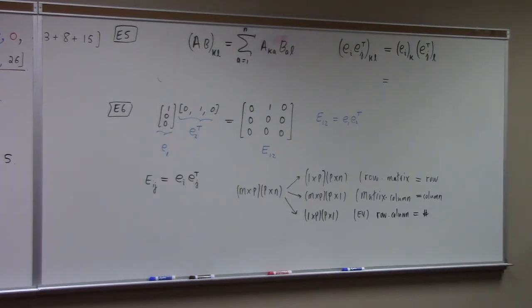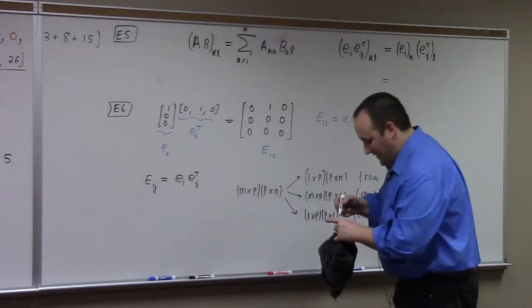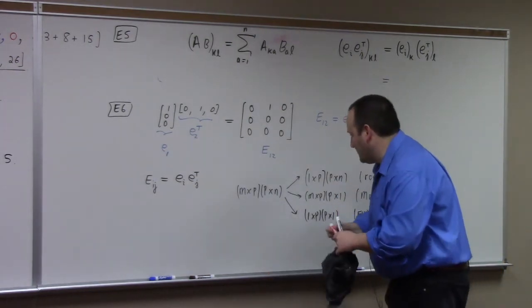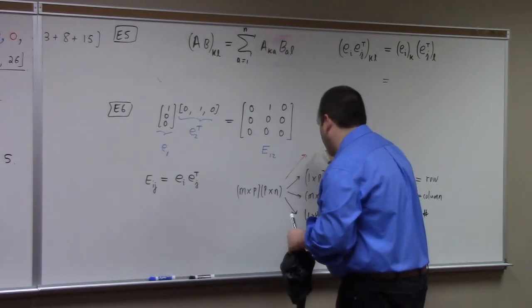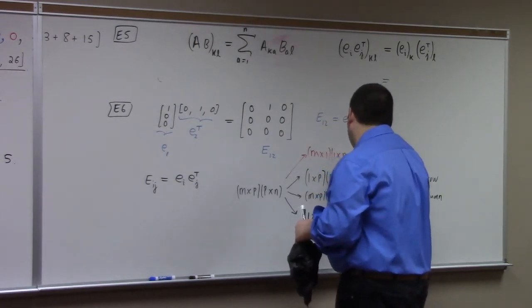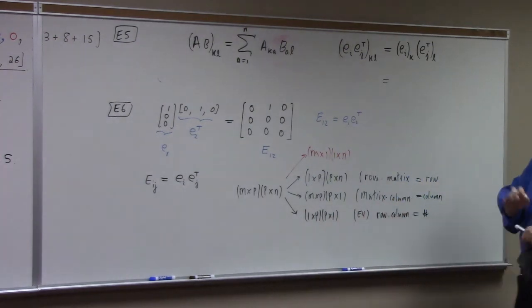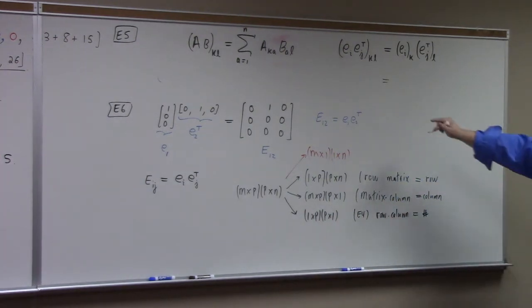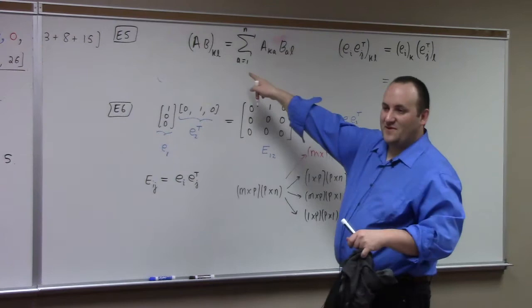But there's another weird case that hadn't even occurred to me to think of as a weird case, and that's the one we're just discovering right now, which is m by 1 times 1 by n. The weirdness of this case is that in the definition, the thing that goes away is what? The sum.